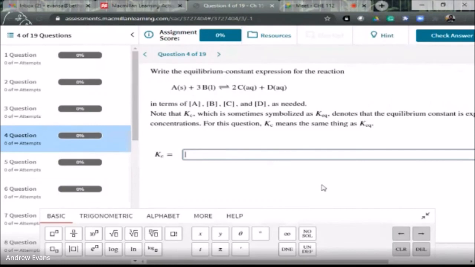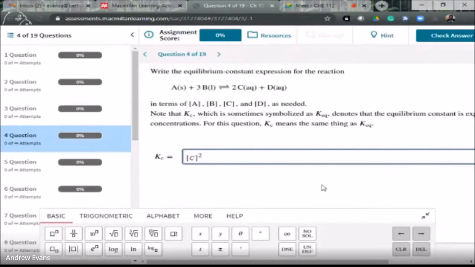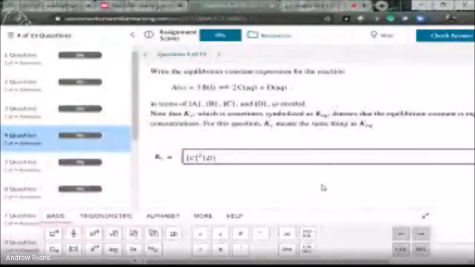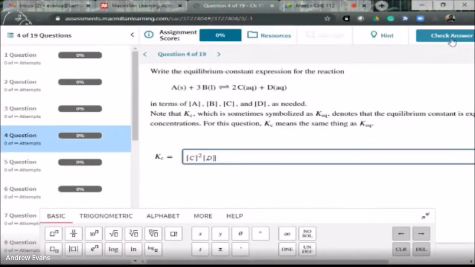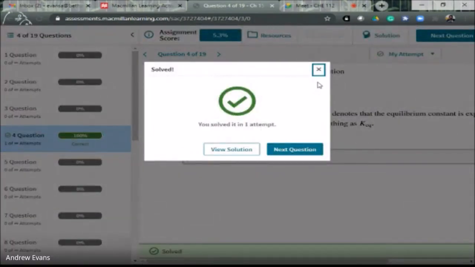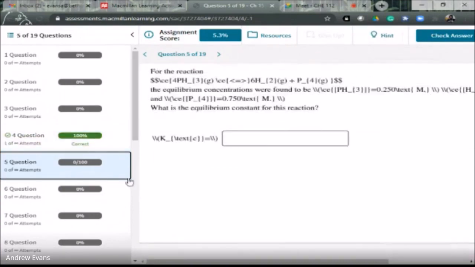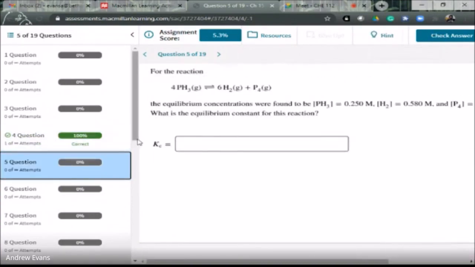So this would simply be bracket C squared times bracket B, all over 1, or you could leave it without a denominator because A is a pure solid and B is a pure liquid. The only time you're going to have A and B is if they are aqueous or a gas. And the only time you're going to have a pure liquid is when it says liquid.